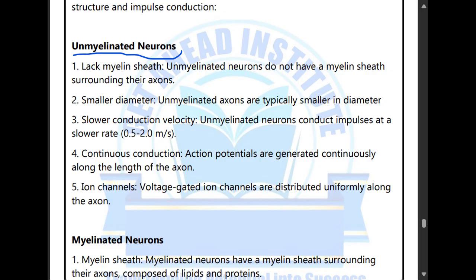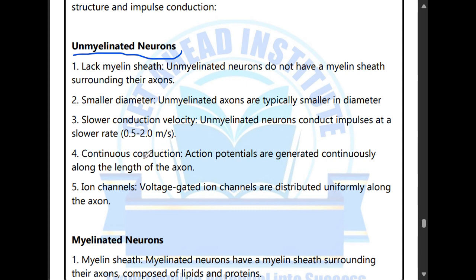Remember, the myelin sheath around axons helps improve the rate of impulse conduction. Then we've been told also to talk about the way through which conduction occurs.